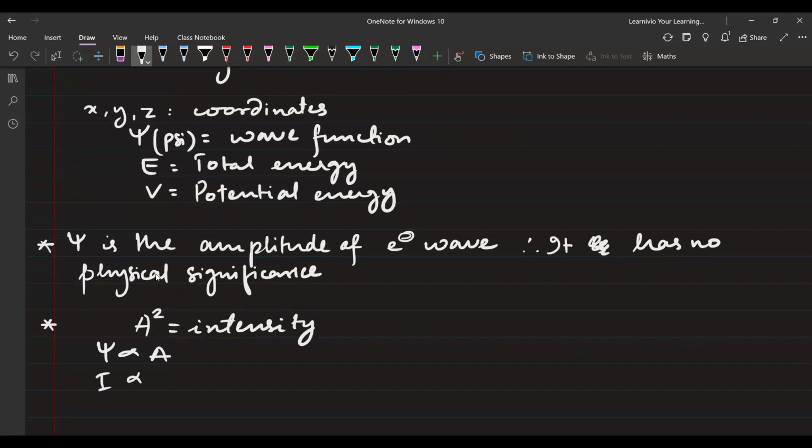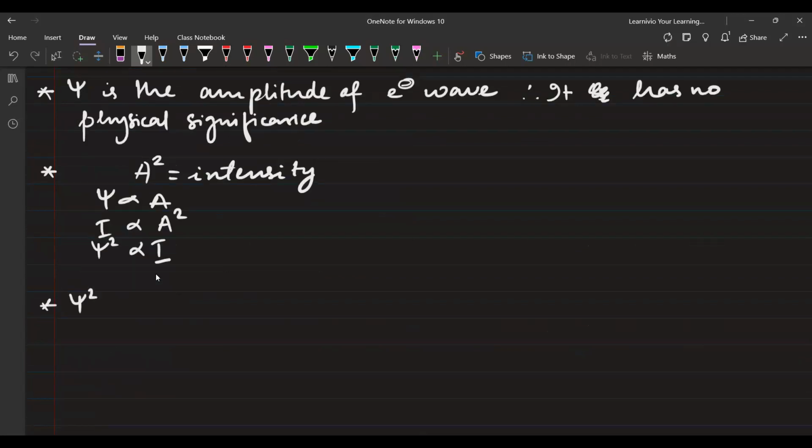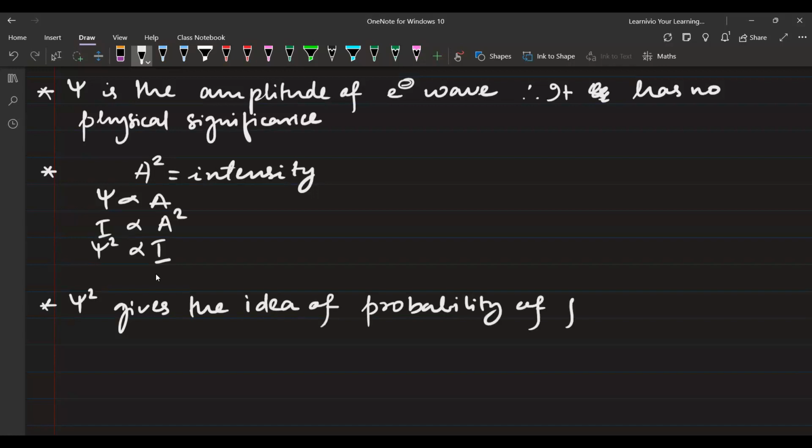बस एक आपको जो याद रखने की बात है वो ये है that psi square gives the idea of probability of finding electron, probability of finding electron per unit volume.